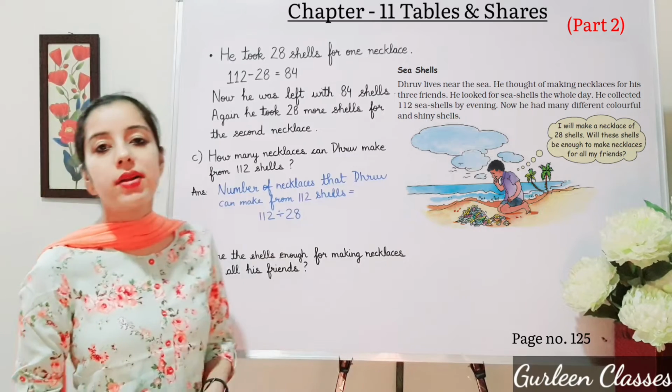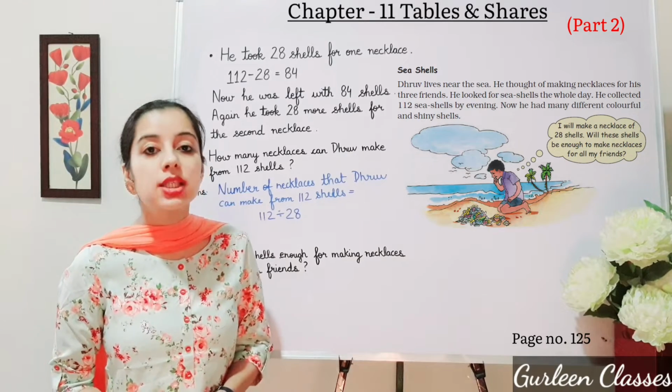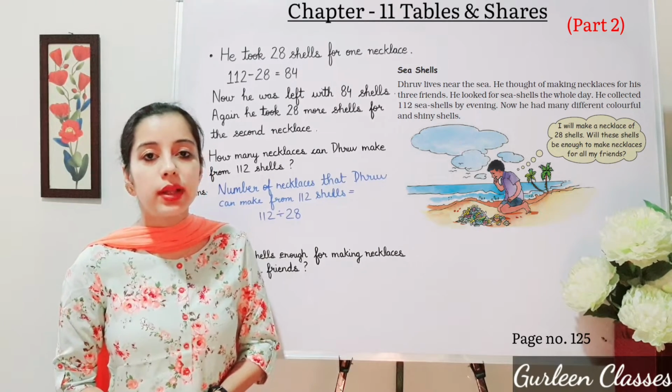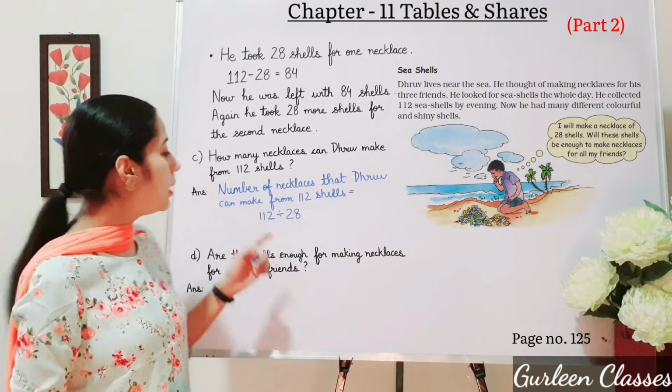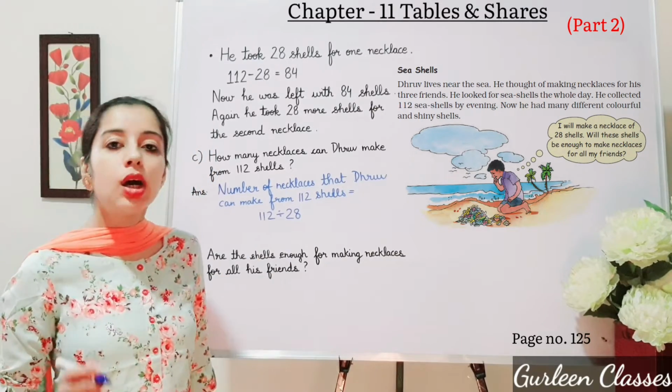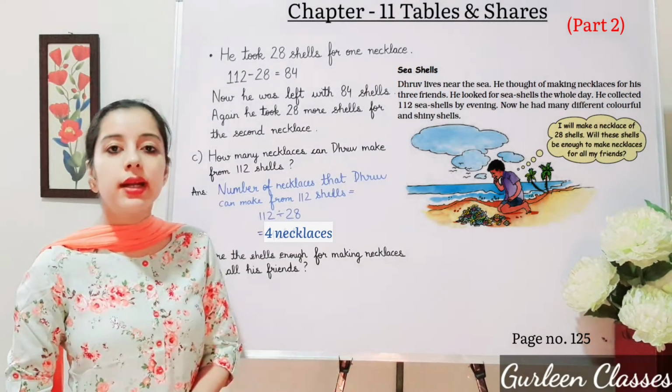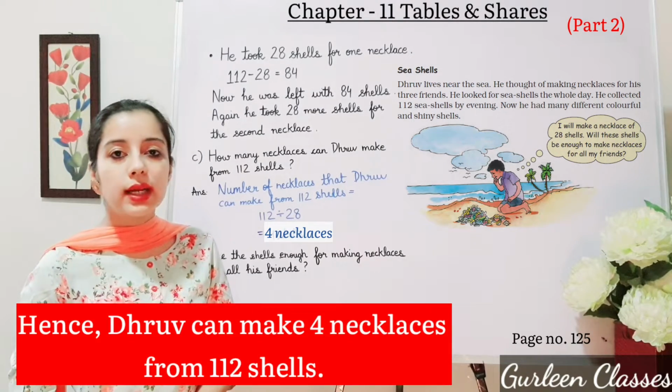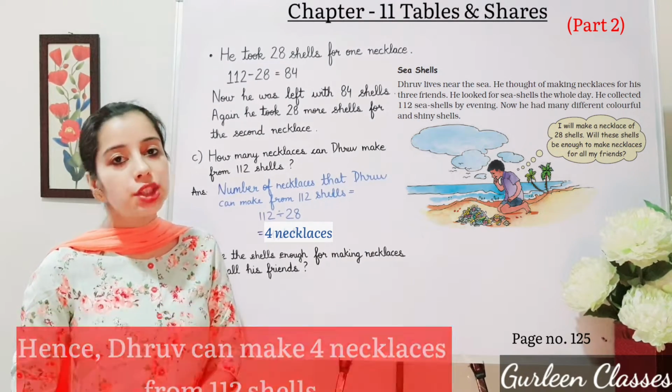Why 112 divided by 28? Because 28 shells were used for each necklace. So divide 112 by 28, it is coming 4. So at last we will write Dhruv can make 4 necklaces from 112 shells.